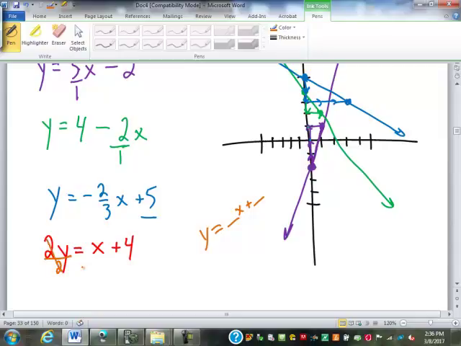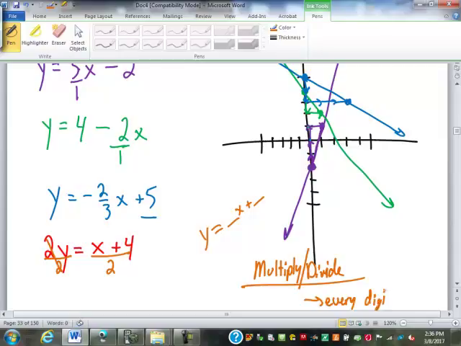Dividing by 2. Now remember, we discussed this before. If we multiply or divide an equation, we must multiply or divide every term. So we divided by 2 on the left side. That leaves us with just y.